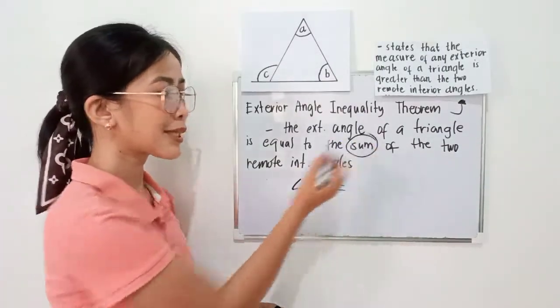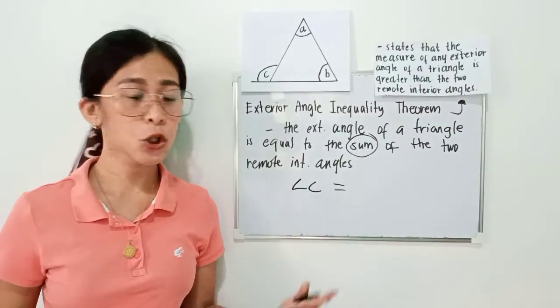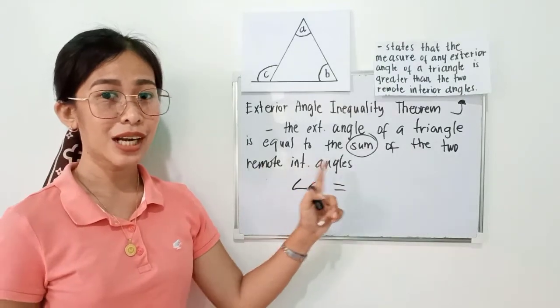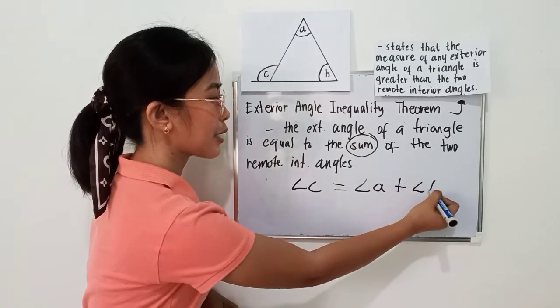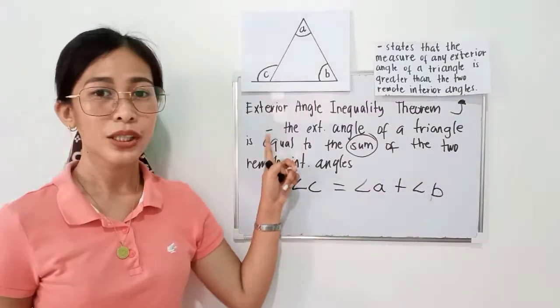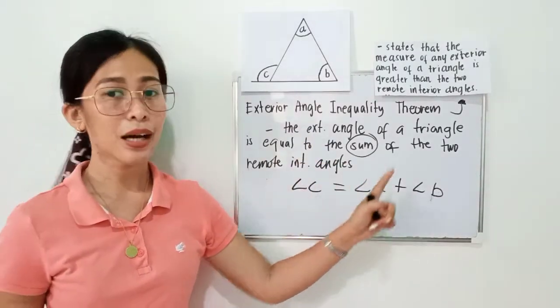Ano ba pag sinabing sum? That is addition. Remember, ang sagot po sa addition ay sum, of the two remote interior angles. And ayan, angle A plus angle B. Okay? So, ito lang ang sinasabi nitong statement na to. Angle C is equal to angle A plus angle B.